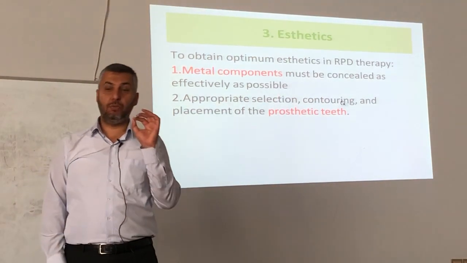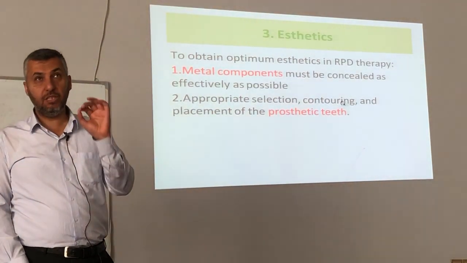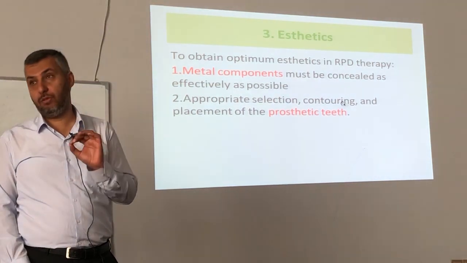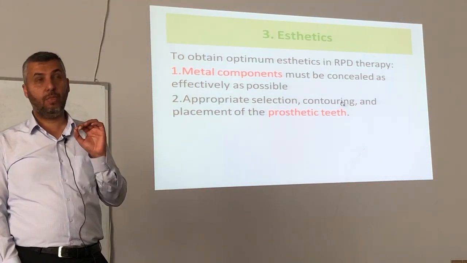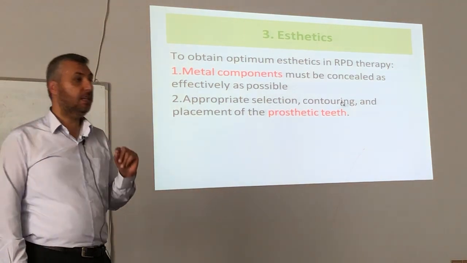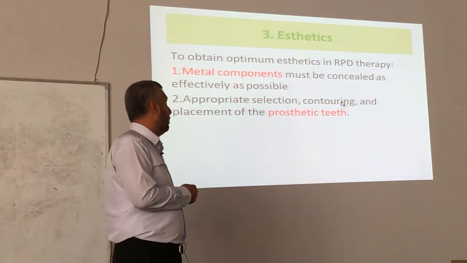As much as possible, less metal should appear in the patient's mouth. When you make a denture, as much as possible, make less metal appear or show inside the patient's mouth.